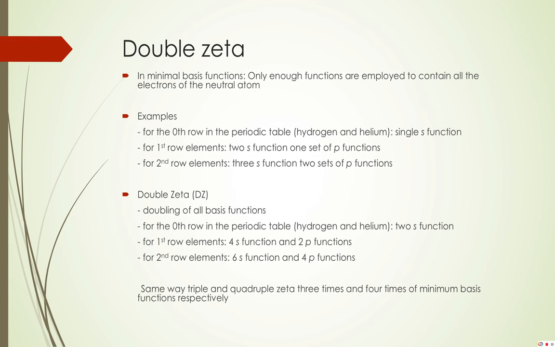And for second row elements, 6s functions and 4p functions. That's double zeta, DZ. The same way, triple and quadruple zeta are 3 times and 4 times the minimum basis functions respectively. So you can think about NZ, like double zeta, triple zeta, quadruple, quintuple, and so on and so forth. Next slide.